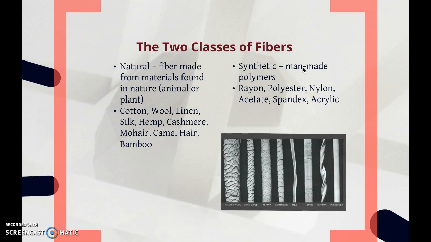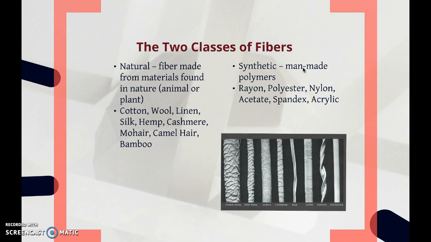Here are some examples of common natural fibers: cotton, wool, linen, silk, hemp, cashmere, mohair, camel hair, and bamboo. Now, just in case you're wondering, cotton, linen, hemp, and bamboo are all plants, and wool, silk, cashmere, mohair, and camel hair are all from animal sources.